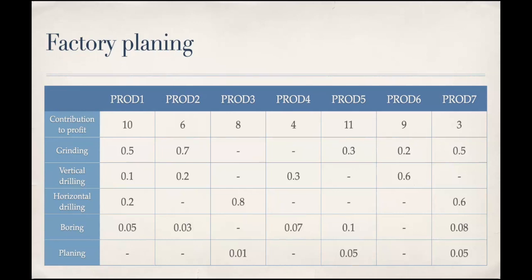Product three needs horizontal drilling and planer, just that. So in order to produce that product, we don't need that process. Any questions?